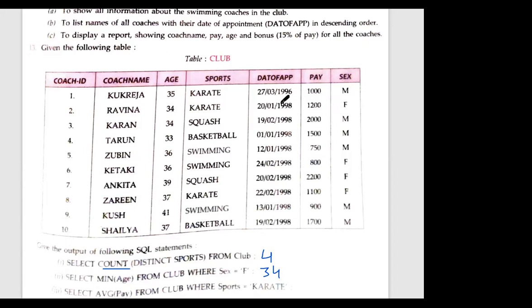Okay, we have less time. So wherever karate is there, that is 1000, 1200 and 1100. You have to add these three and then divide by 3. So the answer is 1100. All of you have given the correct answer also.